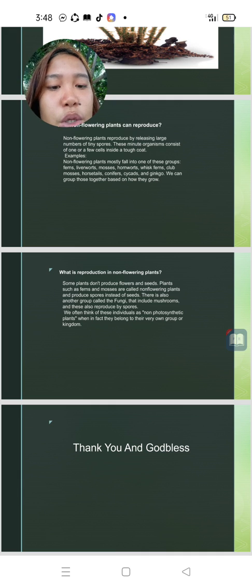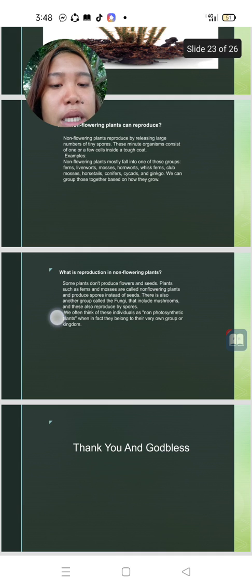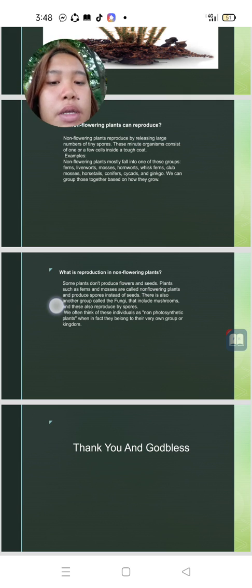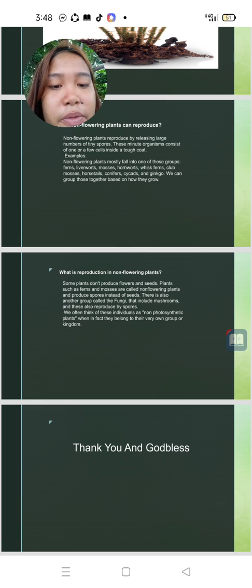Some plants don't produce flowers and seeds. Not all plants produce flowers. Plants such as ferns and mosses are called non-flowering plants.